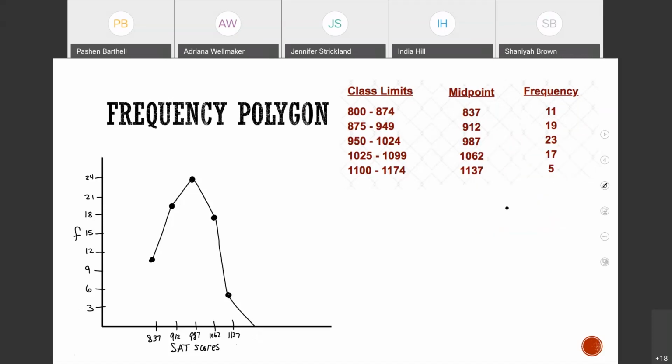And then I'm going to do the same thing in the front. I'm going to imagine where a tick mark would have been if I had done one before the 837, probably right about here. I'm going to bring my graph down to that point, and then I'm going to erase that tick mark.